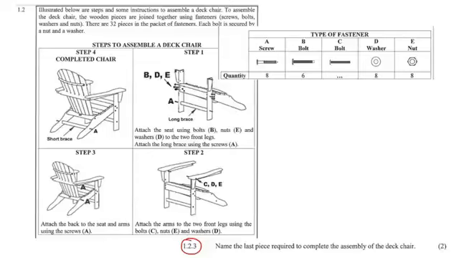Okay, this question says, name the last piece required to complete the assembly of the deck chair. Well, I think if you look at step 1, they do that. Step 2, they do that. Now, what is the difference between step 3 and step 4? It looks like what they're doing, you see in this picture here, it says attach the back to the seat and arms using the screws, and then look at these 2 pictures though.